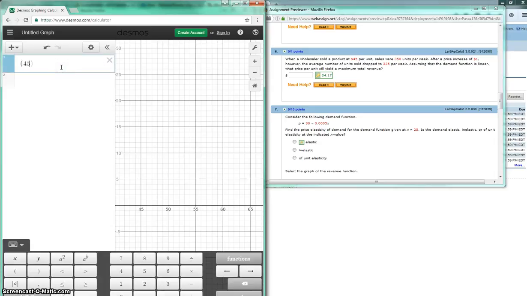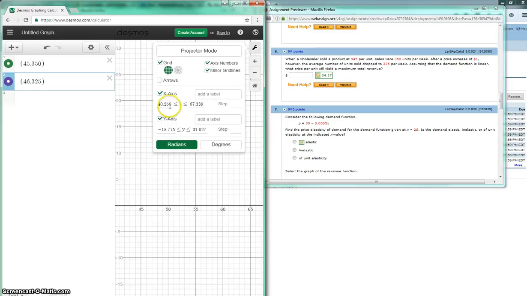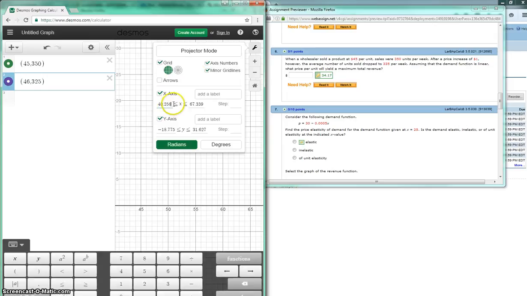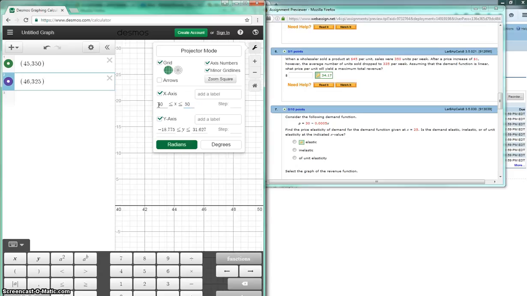So if I put my points in of 45, 350, and then I also have the point of 46 because it's $1 more, and I went to 325. So I could actually see this. My X, which is my prices, I'm going to go from, let's say, 40 to 50.